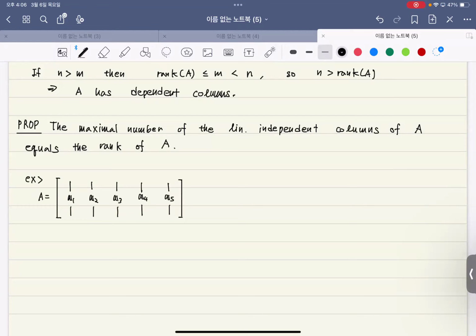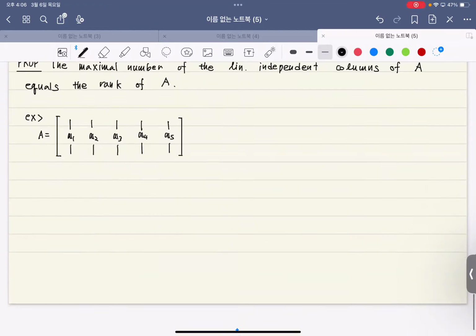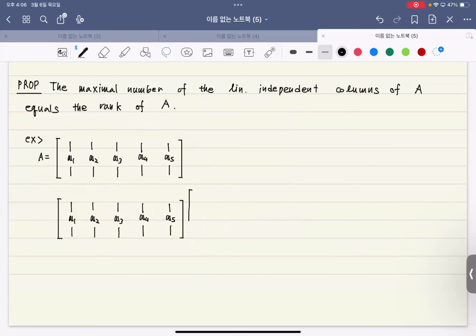Let me say this is my matrix A, and I want to pick some linearly independent columns from matrix A. How? Let us consider this system of equations from x1 to x5, everything equals to 0.